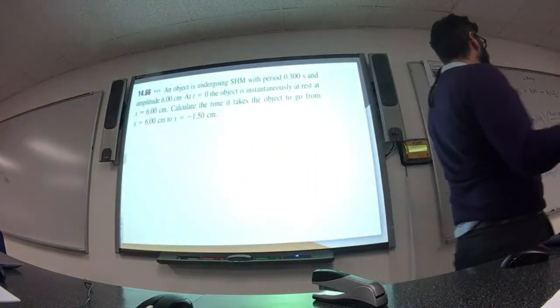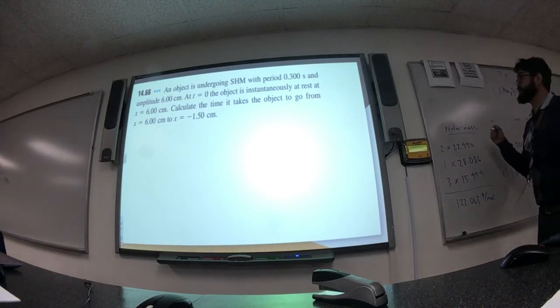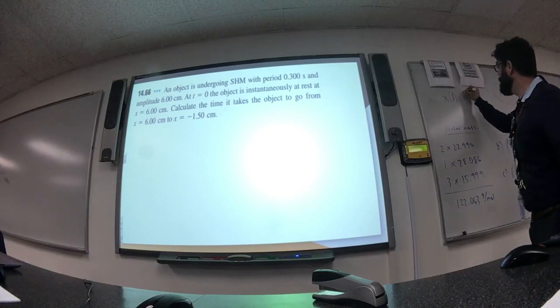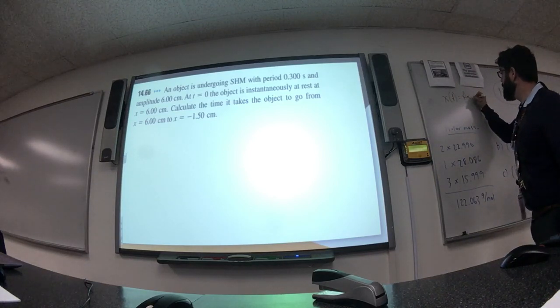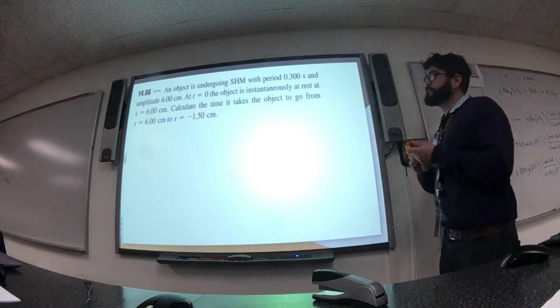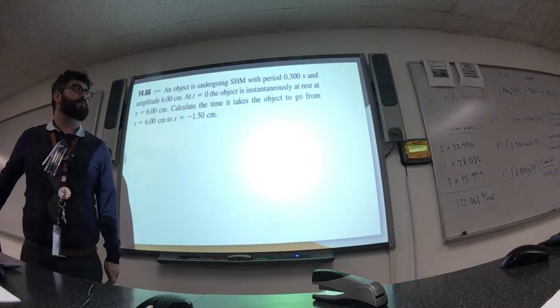I will say that the general form of an oscillator's position, as we saw a second ago, was 2 pi over T, something that kind of looks like that. Granted, there are also some substitutions that we can make.